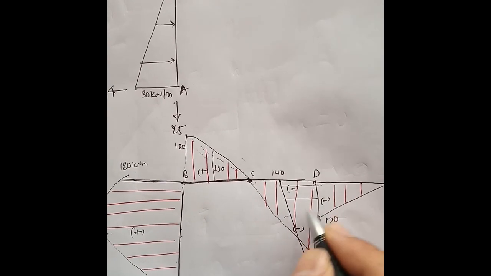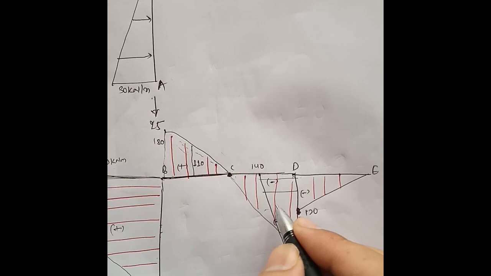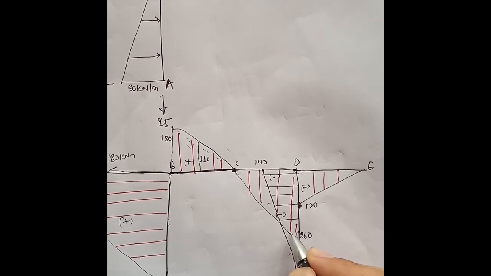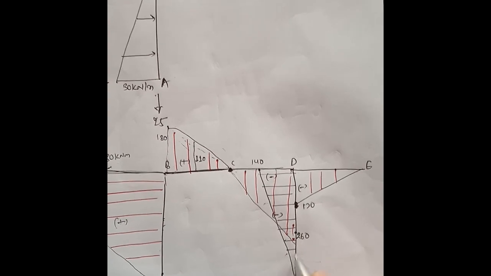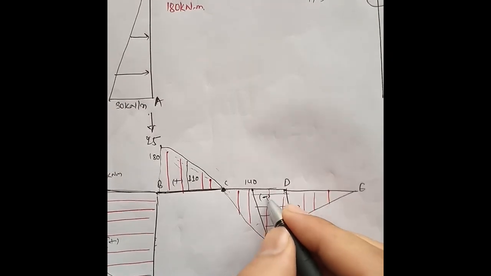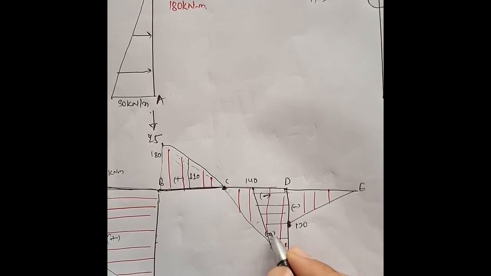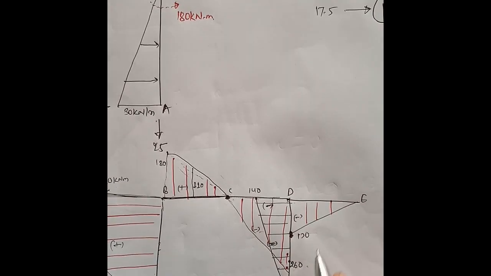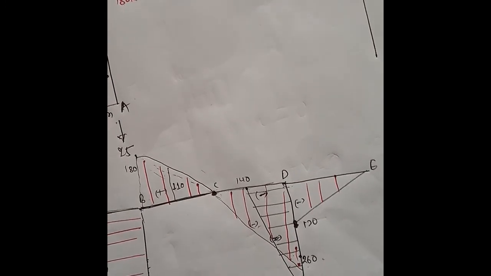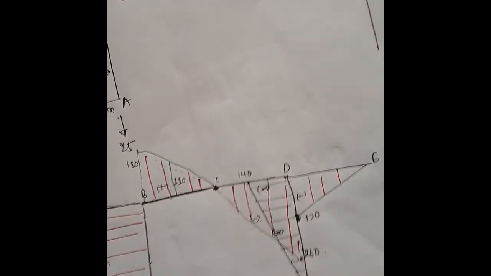This inclined straight line is the 140 section. Again this is negative, this 260 is here also negative, and this is also negative, so this is the bending moment diagram.